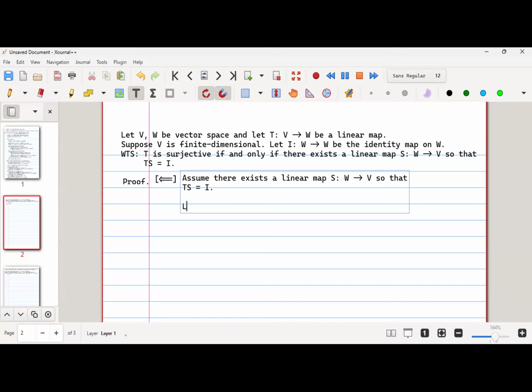So we'll do this through definition, right? We take an arbitrary vector in the codomain of T, which is W, right? So let w in W be arbitrary.